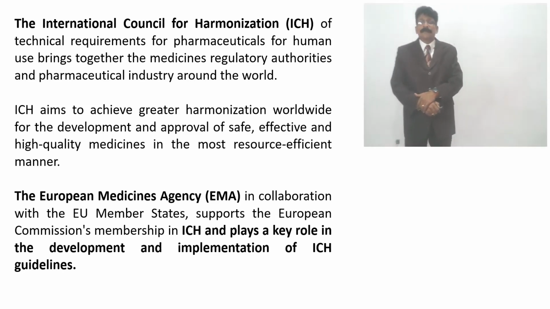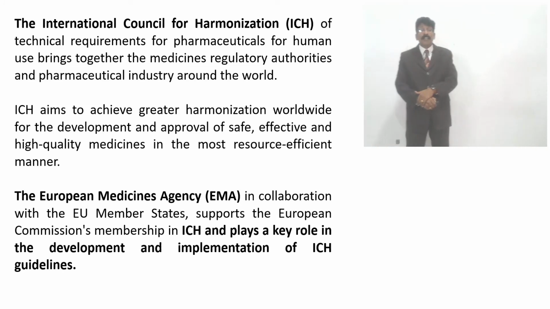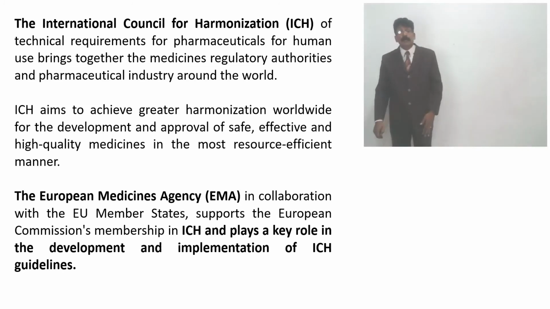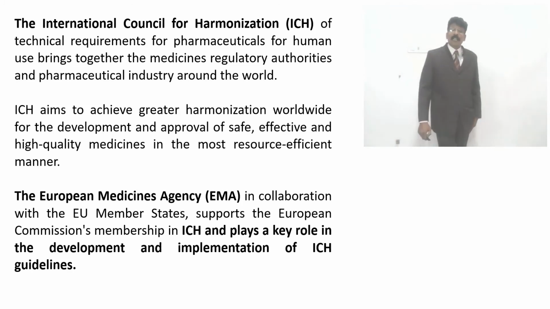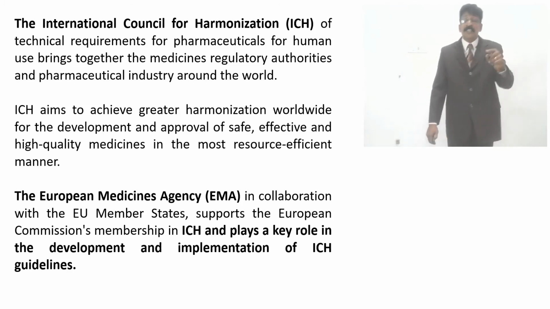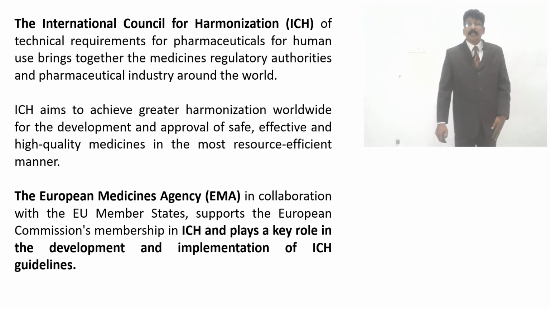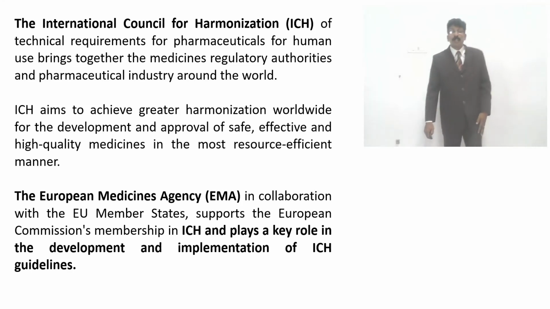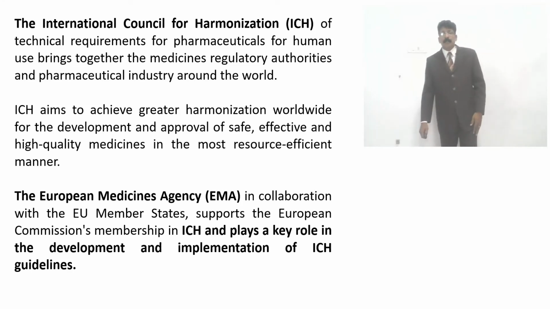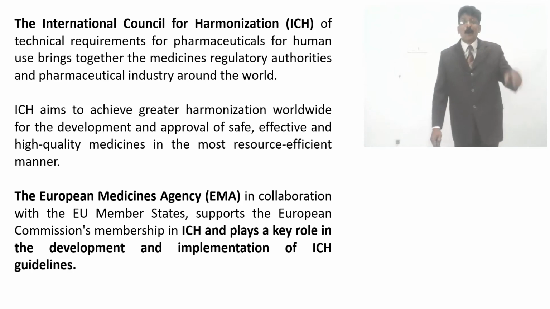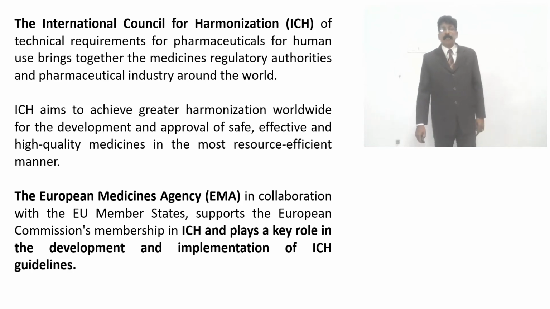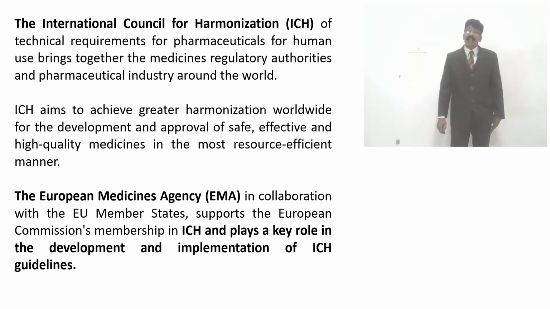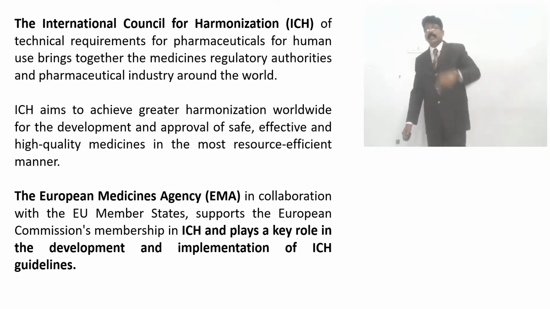The European Medicines Agency, EMA, in collaboration with the European Union member states, supports the European Commission's membership in the International Council of Harmonization and plays a key role in the development and implementation of the ICH guidelines.